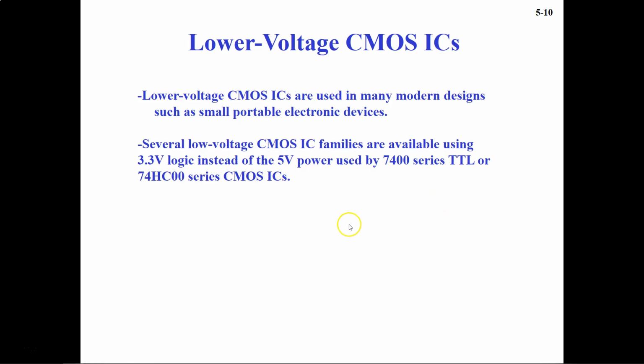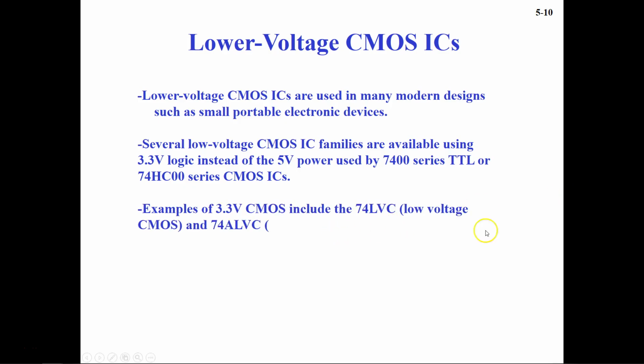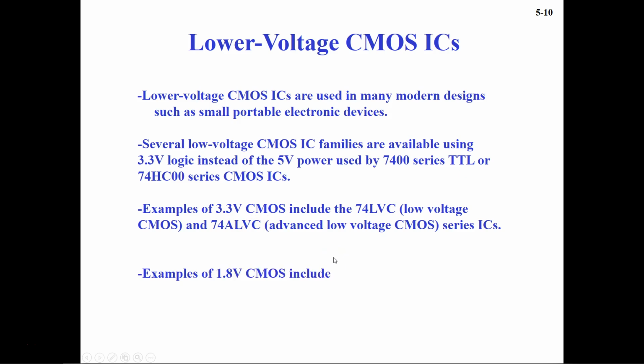An example would be 3.3 volts CMOS, which includes the 74 low voltage CMOS and 74 ALVC, the advanced low voltage CMOS series ICs. And there is one more example, 1.8 volts CMOS, which includes the 74 advanced ultra low voltage CMOS series of ICs.